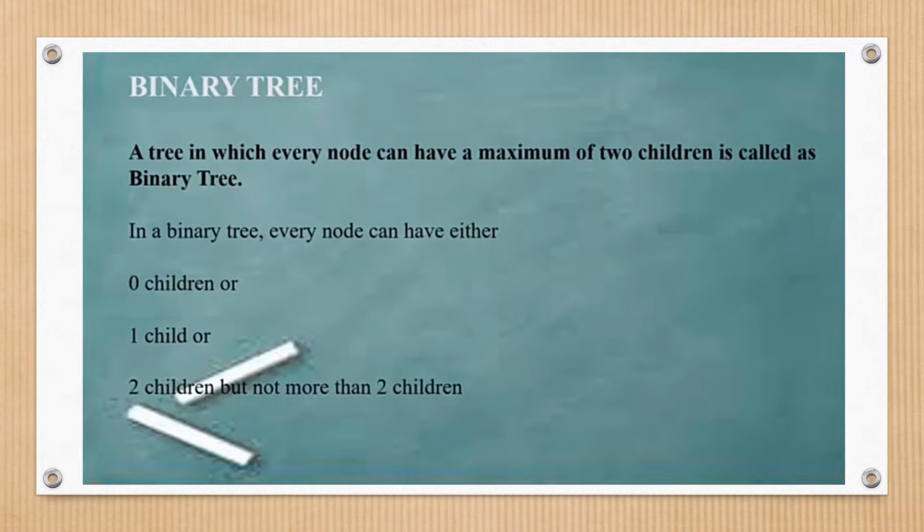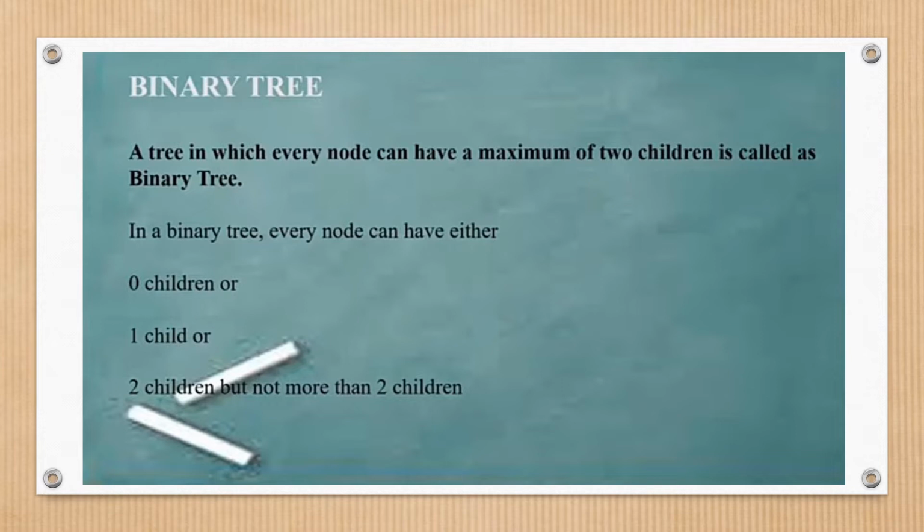In this binary tree, each node can have maximum of two nodes only. Either it has no children or one child or two children, but maximum is only two children. Whereas tree can contain any number of children, but binary tree must contain 0, 1 or 2 children only.